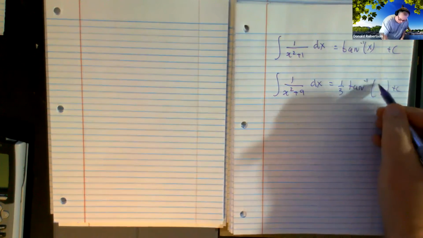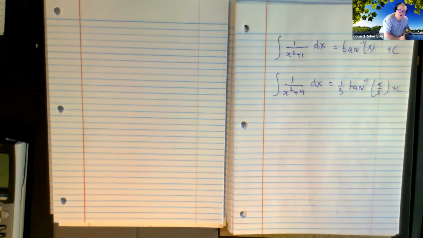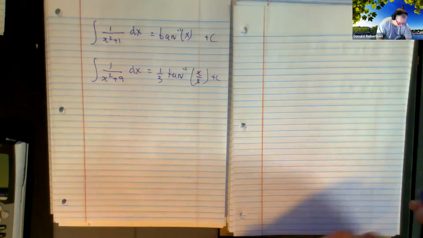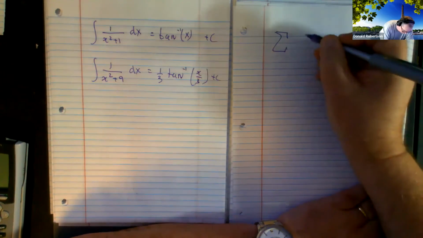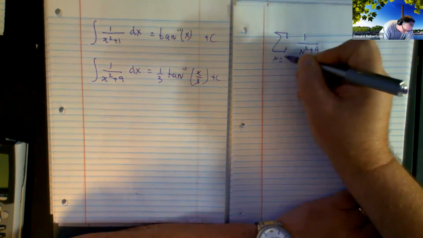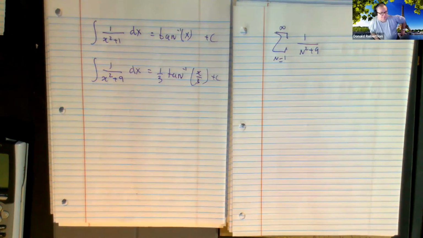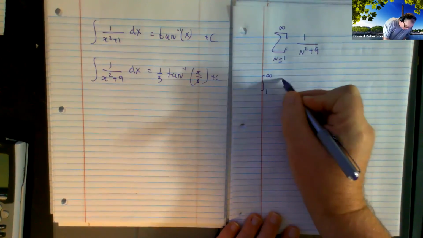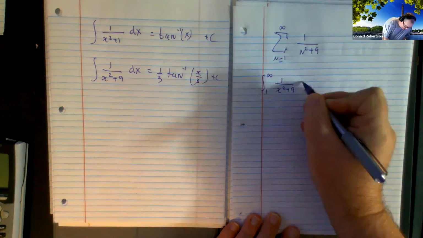X divided by 3. Yeah. So that is how you will do integrals of 1 over x squared plus 4, or 1 over x squared plus 6, or 1 over x squared plus anything. This information is going to be used because we're going to do an integral test, and the integral test that we're going to do is 1 over n squared plus 9. Can we just assume that this is positive, which obviously it is, and that it decreases, and just cut to the chase and find out what this is equal to?